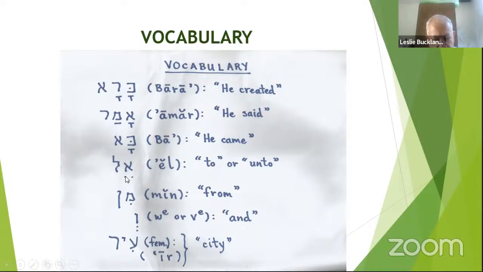If this were a tsere and it didn't have this dot down here, and this was a long E sound and pronounced el, this would be another noun meaning God. This would be the shortened form of the word God. The kind of vowels sometimes do change the meaning of words, and the order of the consonants will also change the meaning of the word.